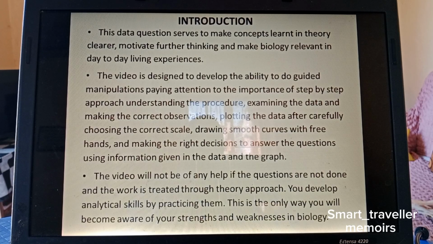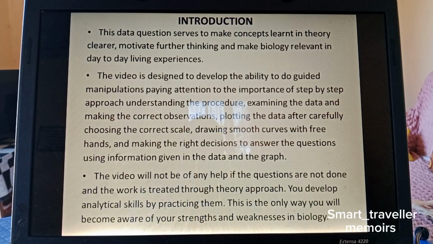Plotting the data after carefully choosing the correct scale, if it is on graph paper, although the one I am having here is not a graph one, drawing smooth curves with free hands, and making the right decision to answer the questions using information given in the data and the graph.